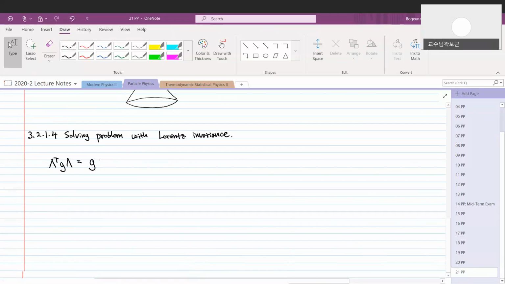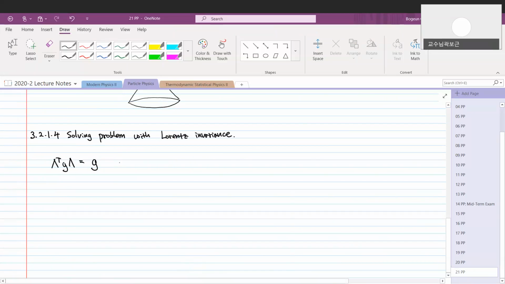In the same way, a scalar field or scalar value does not change under the coordinate transformation given by the Lorentz transformation.